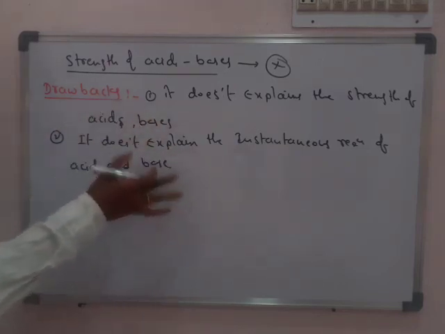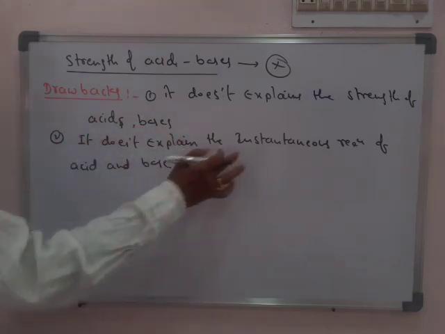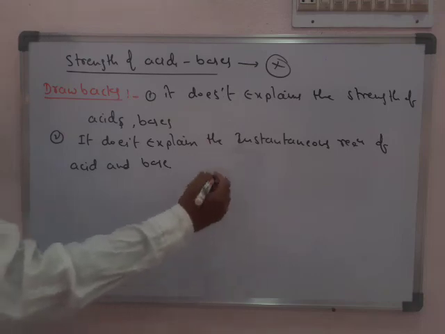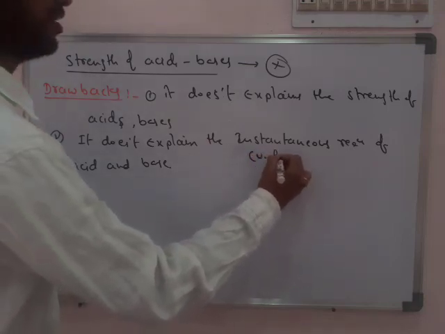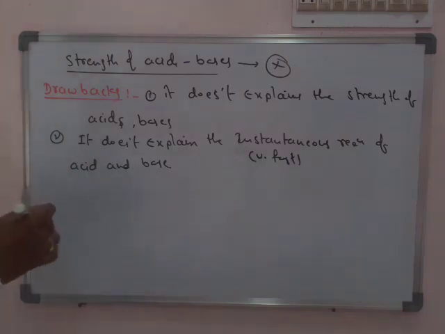If you follow this theory, it is a slow reaction, but naturally an acid-base reaction is instantaneous, that is, a very fast reaction. It does not explain the instantaneous reaction of acid and base.